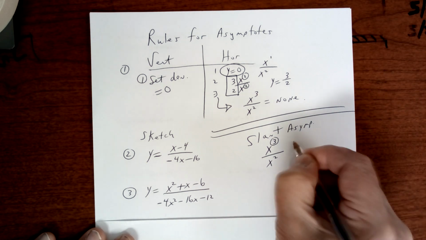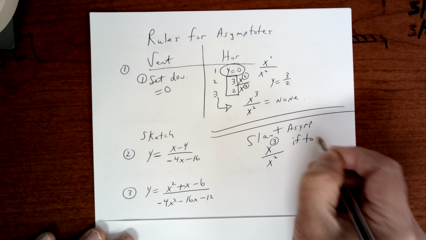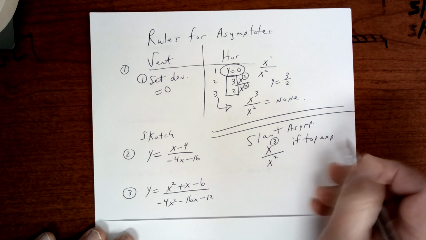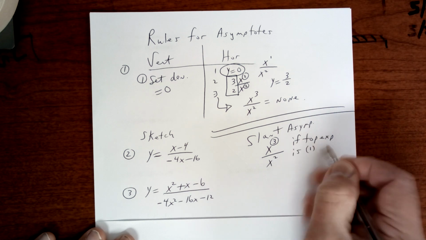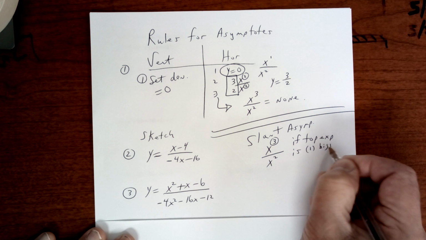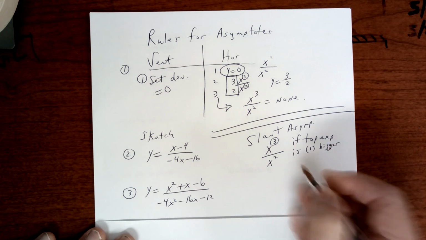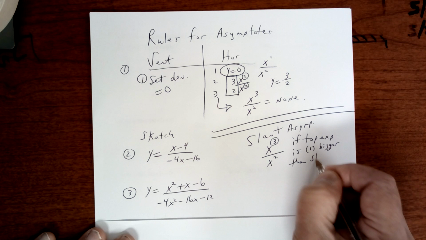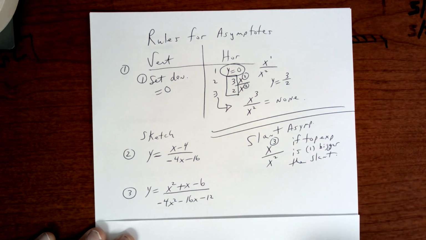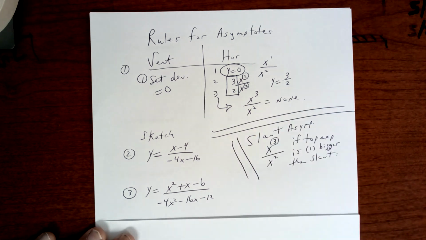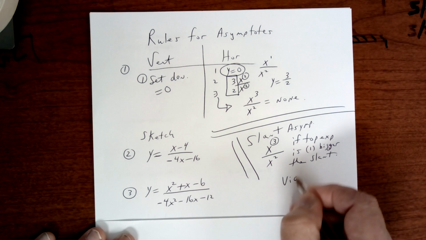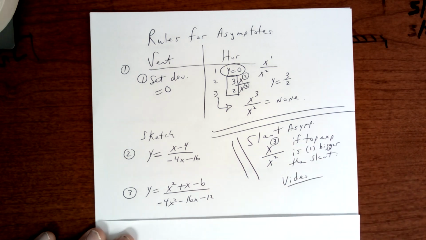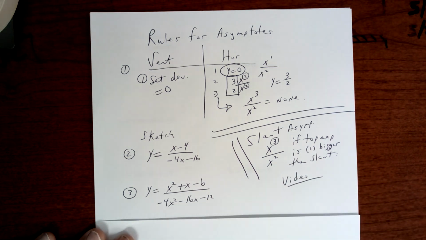If top exponent is one bigger, then you have a slant. And I'm going to show you how to find the slant today. So we're going to watch a video on that. And in order to do the slant, you have to know how to do long division. Okay?